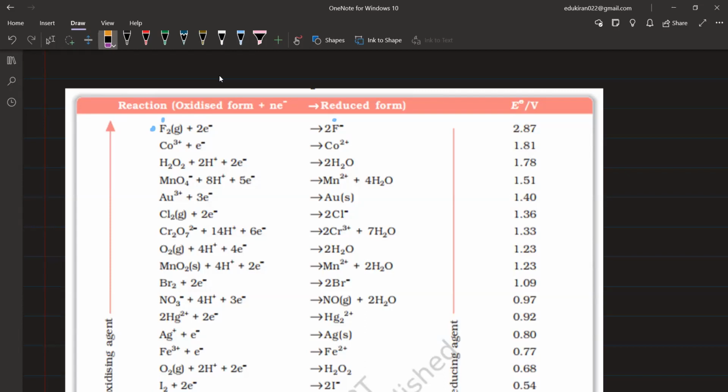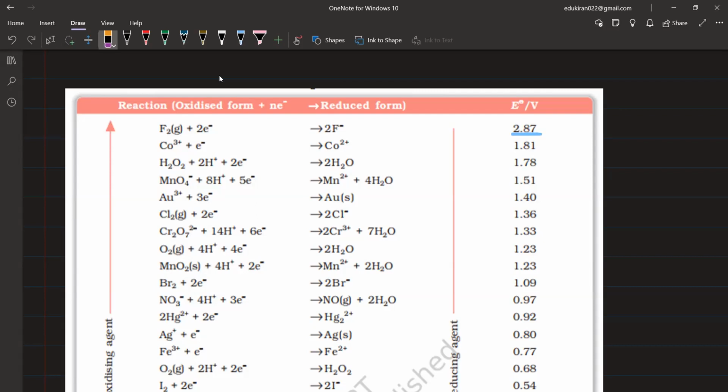Gaining electron or losing electron? Reduction. Reduction, right? Nawal, tell me. Reduction, right? Okay, fine. And with this reduction, is it giving me electricity or is it needing electricity? When this reduction happens, does it give me electricity or need electricity?